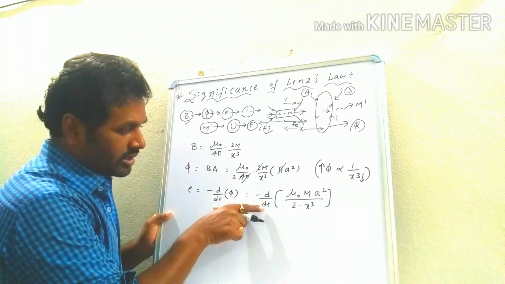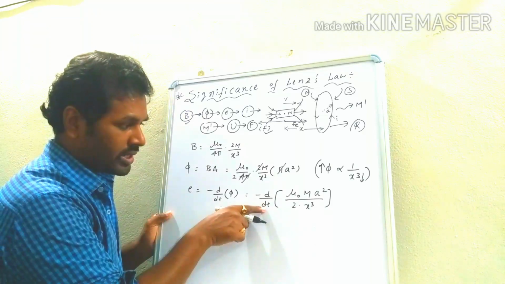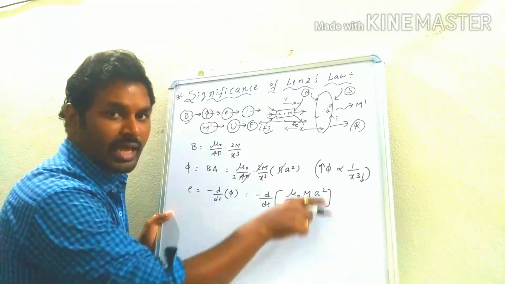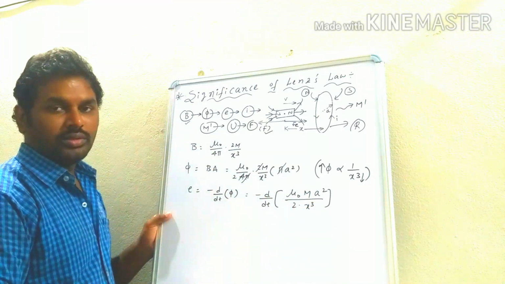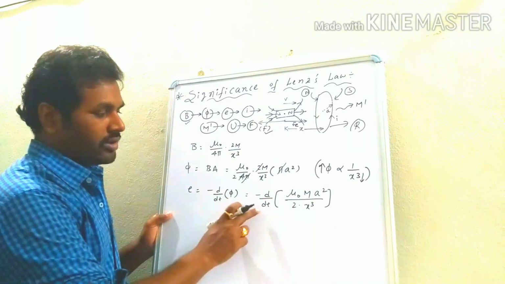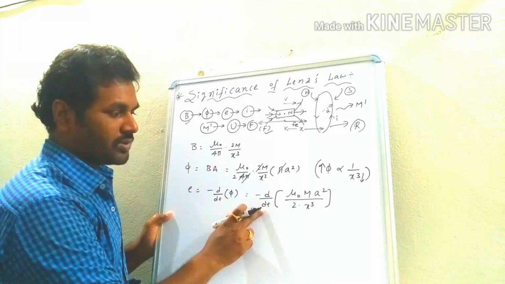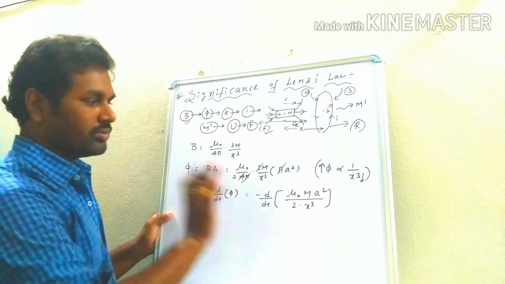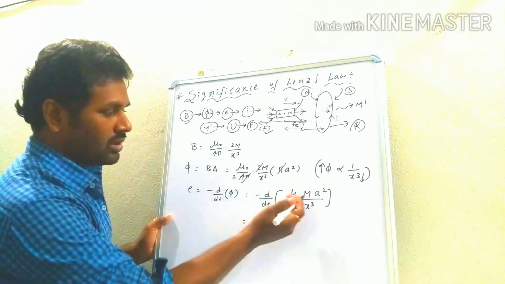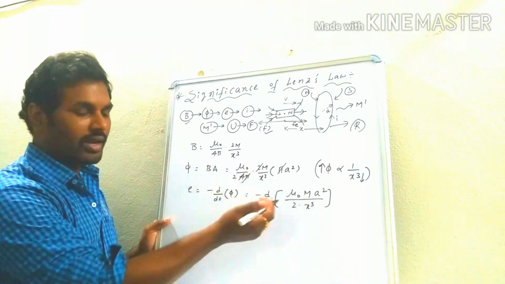And differentiation with respect to time. Here no time related terms are there. Only the position is a variable. So be careful. If you differentiate this with respect to time, finally you will get the result in terms of velocity. How? Let us look. Initially take all the constant values outside.